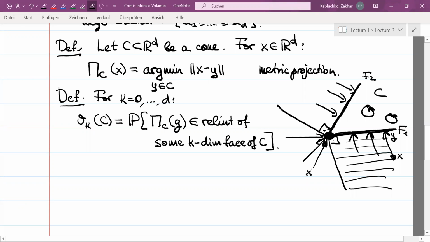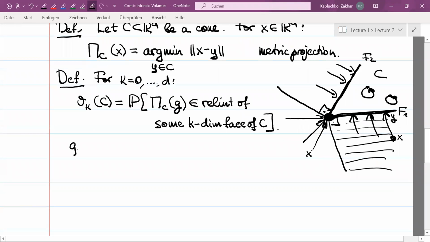So here in this definition, G is a standard Gaussian random point or random vector in Rd. Or if you like, it is any random vector with a rotationally invariant distribution. For example, you may take also uniform on the sphere, if you like it more.